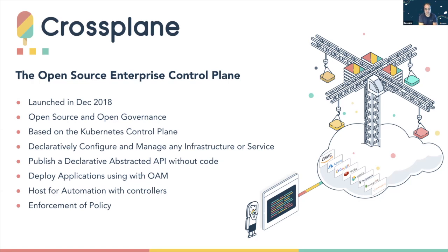But what Crossplane lets you do is declaratively configure and manage infrastructure and services. It allows you to abstract them, so you can publish your own well-defined API on top of your own infrastructure, and then deploy it using application models like OAM or even raw Kubernetes manifests. And because it's an active control plane, you're able to host controllers and your own automation on the control plane itself.